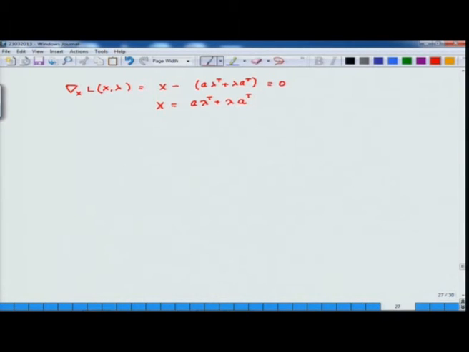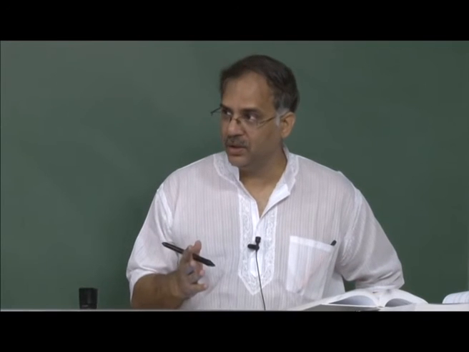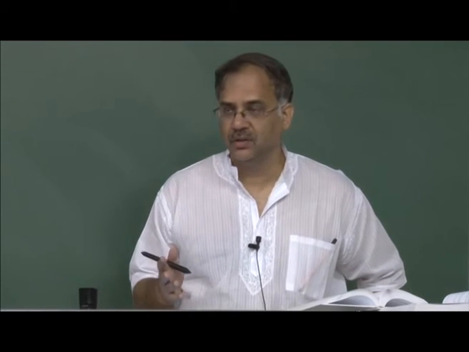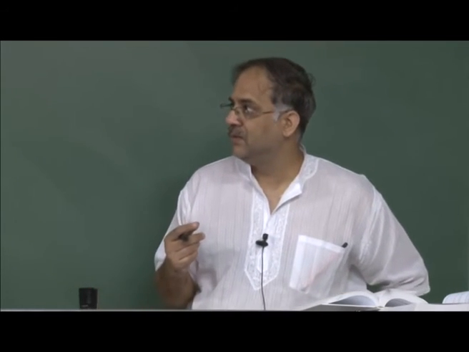Now, in the setting of Sn, x a equal to b is a linear constraint, and hence there is no requirement of any constraint qualification, and there would be a KKT multiplier, right. We have shown that there would exist a KKT multiplier.